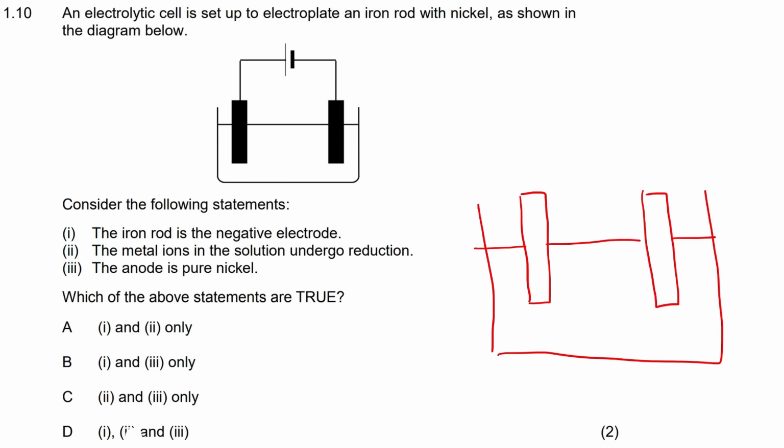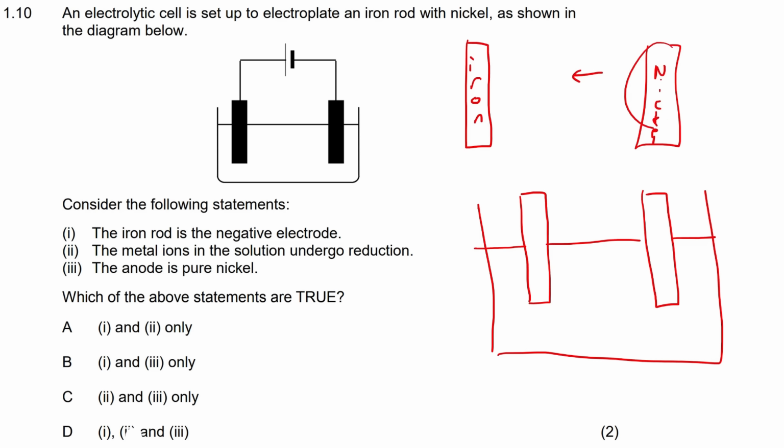So that means that you're going to have a piece of iron like this. So this is iron, and you're going to eventually want nickel to break off of here and then be able to travel to there. Okay? And then the nickel will go and form on top of the iron rod. Does that make sense? So you're going to start with a piece of nickel.